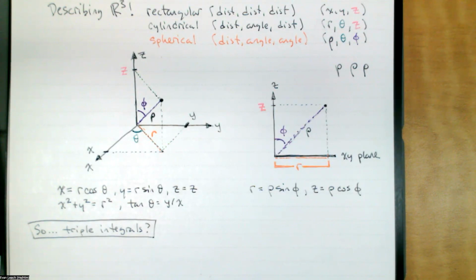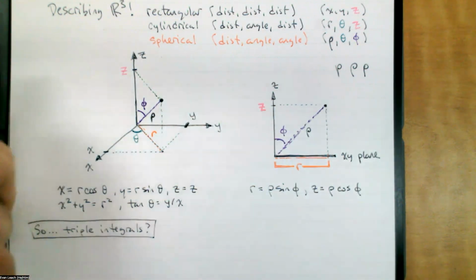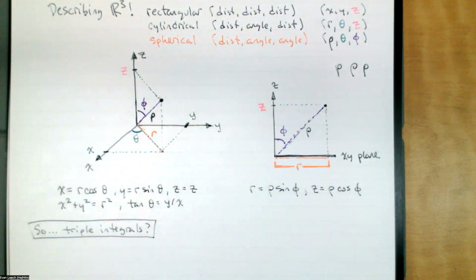So, here's how we can describe three-dimensional space with spherical coordinates. Immediately, triple integrals. It's a little jarring. But let's think about what we want from a triple integral.